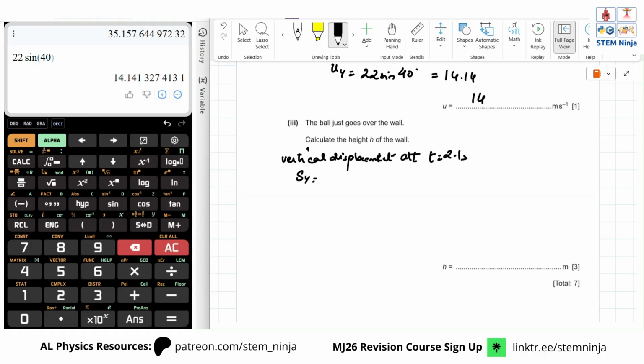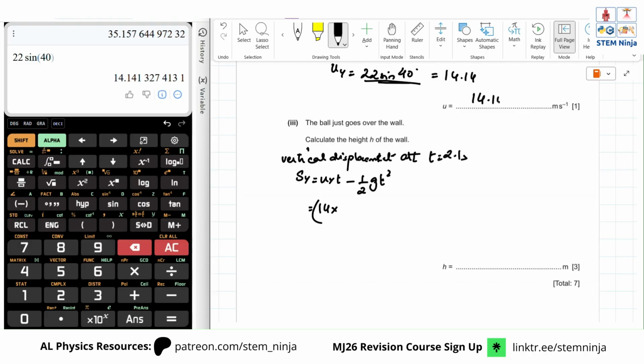So s = ut minus half g t squared. So this would be 22 sin 40, which we have already figured out to be 14. You can use the exact value, 22 sin 40, also. This would be better, but that's not a very big deal.